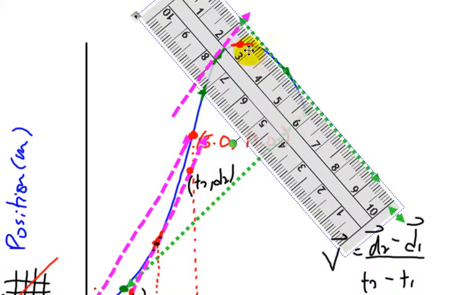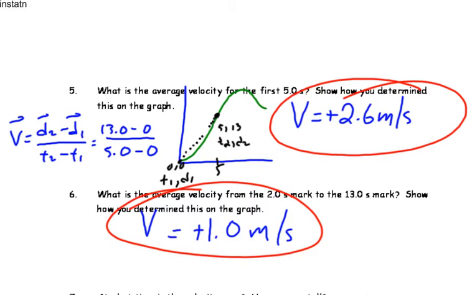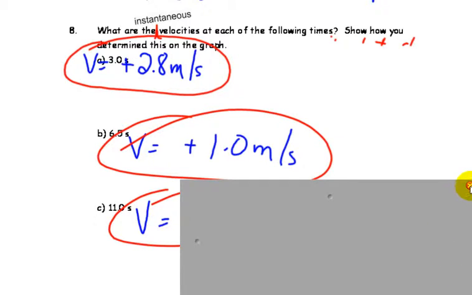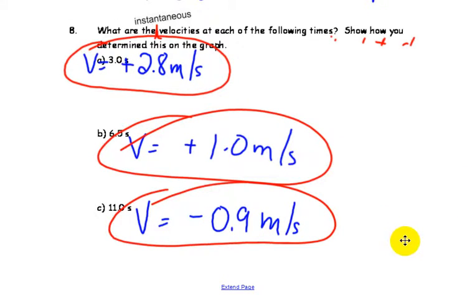Then pick 2 points on there, figure out d2 minus d1 over t2 minus t1. Obviously it's going to be a negative slope in this case. And I got somewhere along the lines of minus 0.9 meters per second. So again, you should get something relatively close to that. If it's not quite, make sure you ask me to come over and take a look at it.